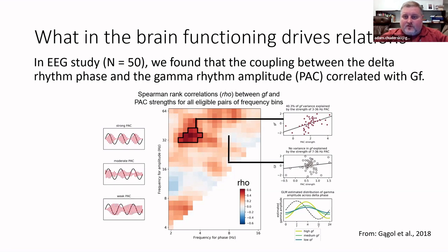So strong coupling is when activation in some fast oscillation, some high frequency rhythm, is grouped or condensed in a very specific part of the phase of some slow oscillation.